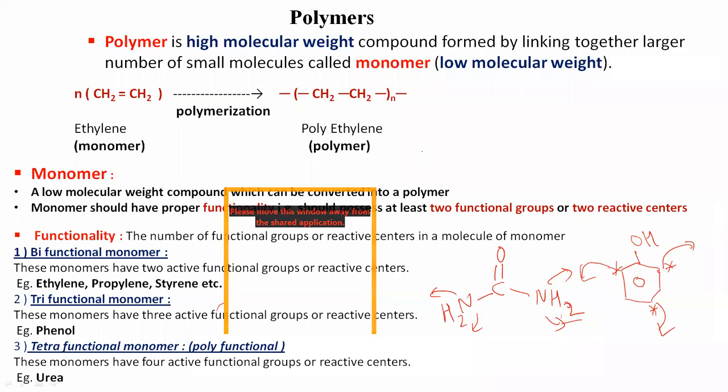These are active functional groups, and they should be there. That is the first condition. Or there must be either a double bond or a triple bond. So an active functional group or reactive centers is the basic condition to prepare a polymer, and those compounds are called monomers.